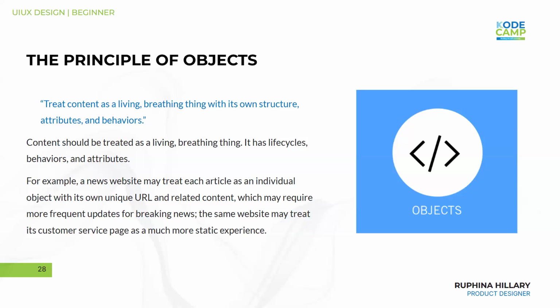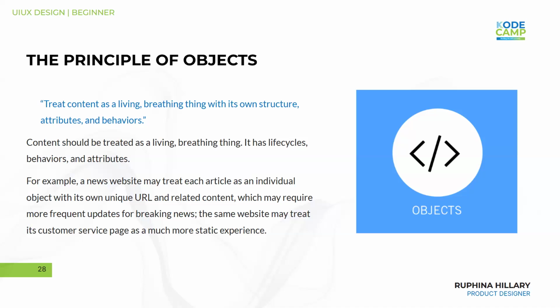If by virtue of our properties we should be treated the same way, fine. But the principle of objects states that we should treat each content as a thing that has its own structure, its own attributes and behaviors. So we should not take from something else and put in another thing.